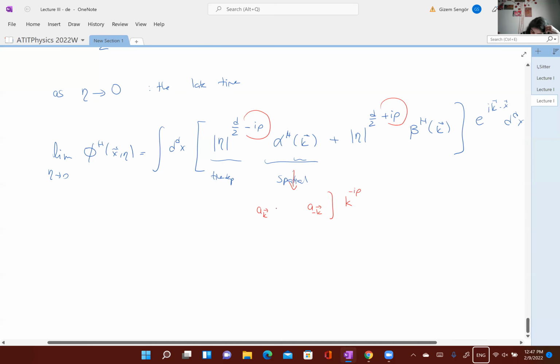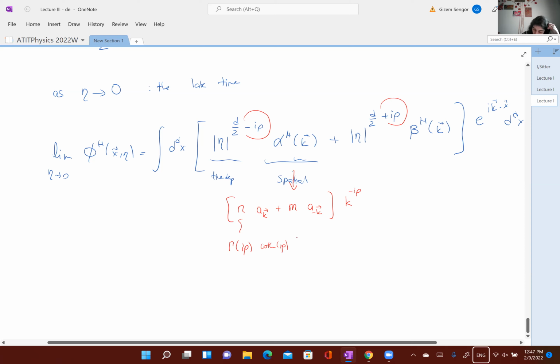So the exact combination of annihilation and creation operators is not so important. These are some gamma functions to do with i rho, some cosine hyperbolic functions to do with i rho, so things like this.